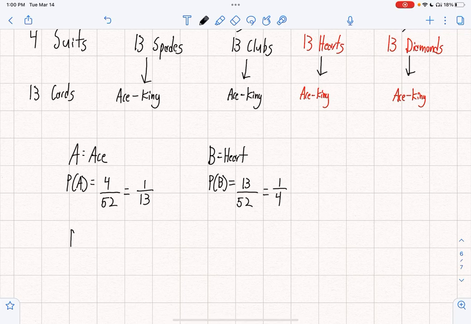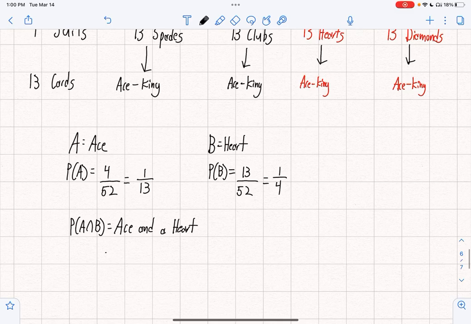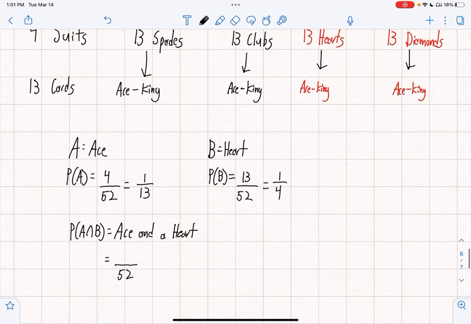Okay, now let's find the intersection, probability of A and B. So this would be ace and a heart. Well, I don't know if these two things are independent, so I'm going to just have to calculate this directly. So we still only have 52 cards in the deck. And now we need to think of how many are an ace and a heart.